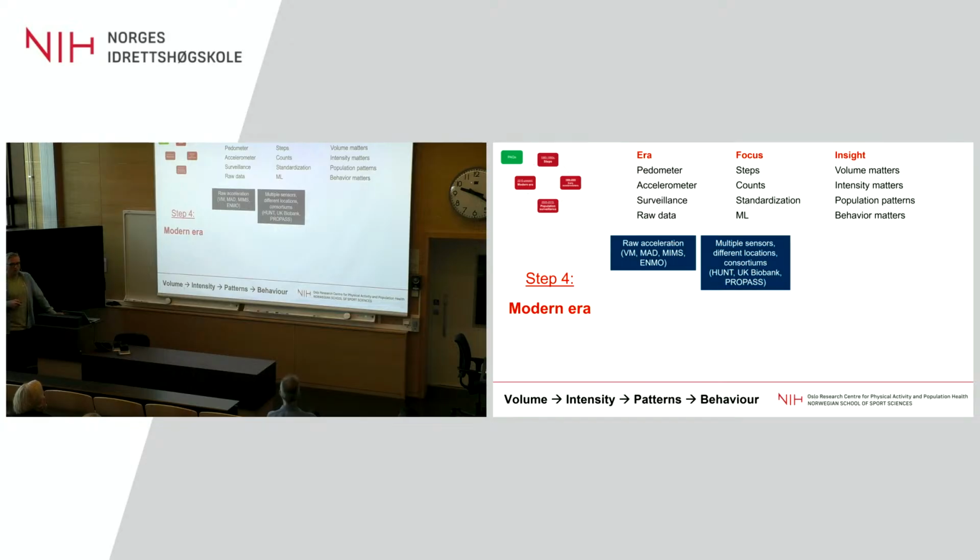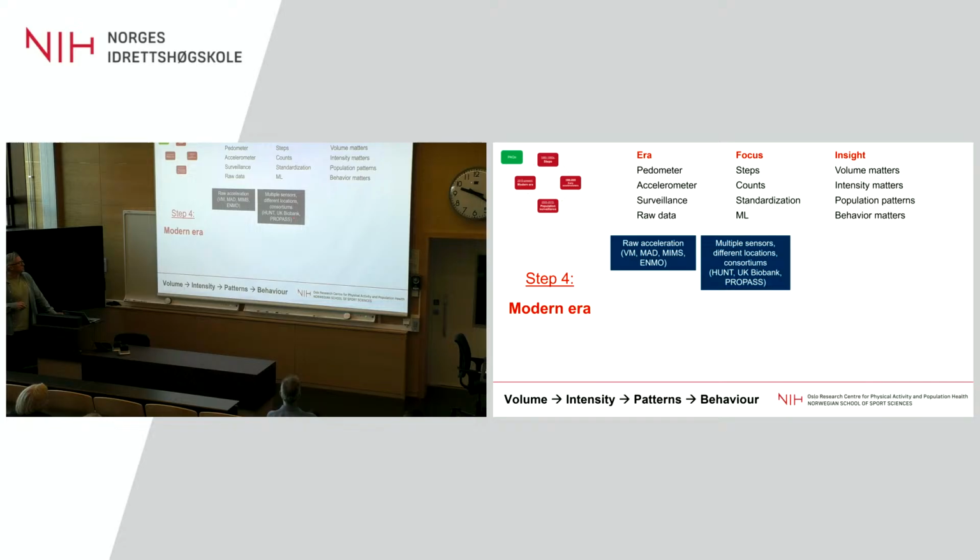Studies, with HUNT maybe leading that field, have employed multiple sensors in huge samples, adding complex machine learning approaches to get type of activity, in addition to estimates of volume, which is really, really interesting.